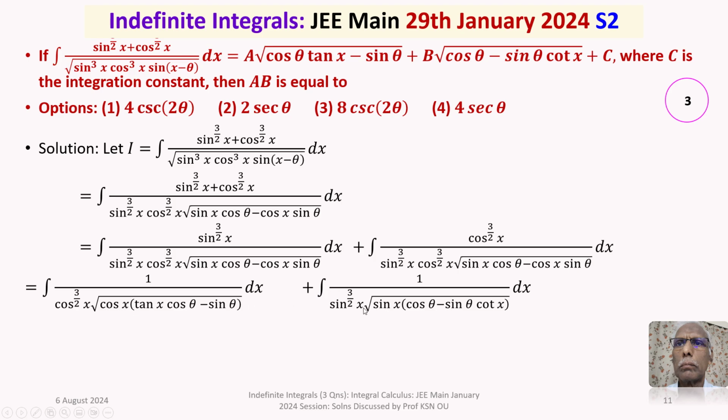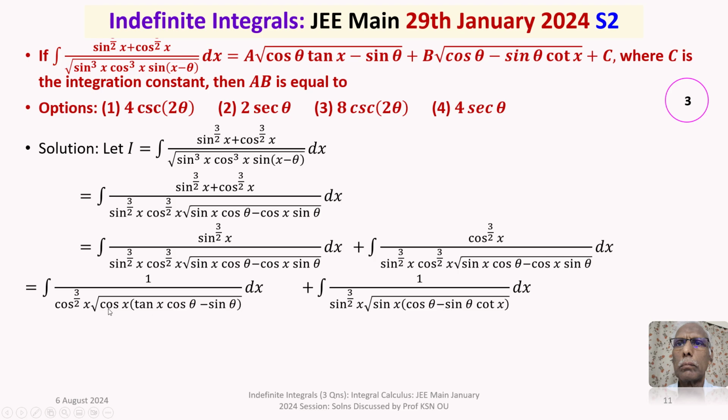The second one, under the square root, you take out a sin x common and adjust the terms. So that will be sin x taken out, cos theta minus sin theta into cos x by sin x. Cos x by sin x is cot x. Right. Yes, we got it.